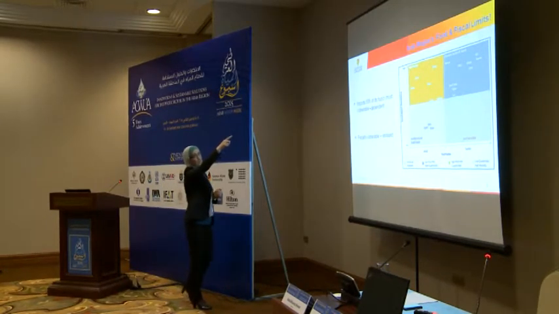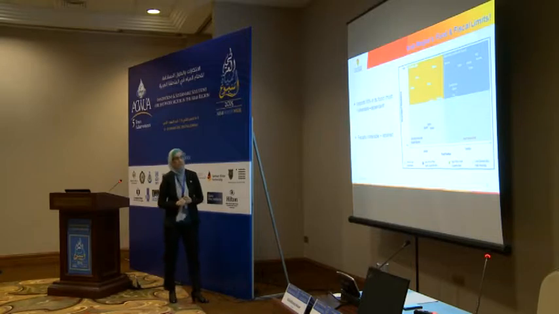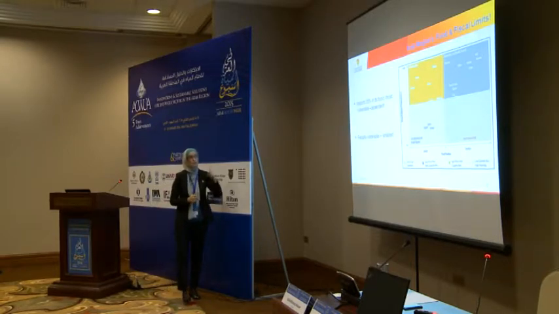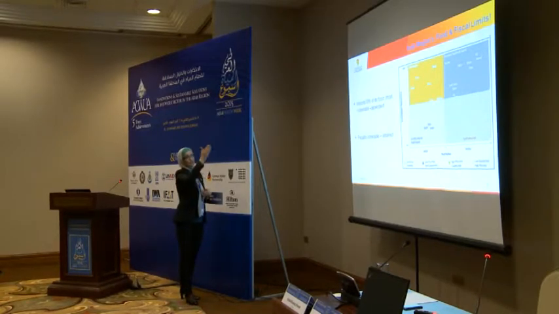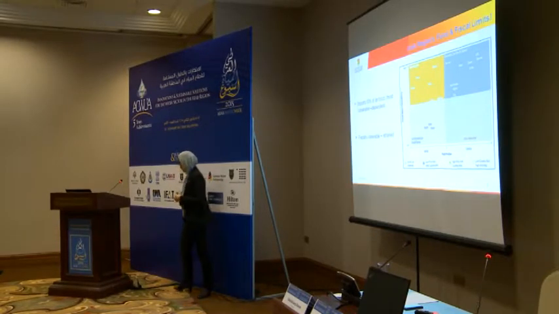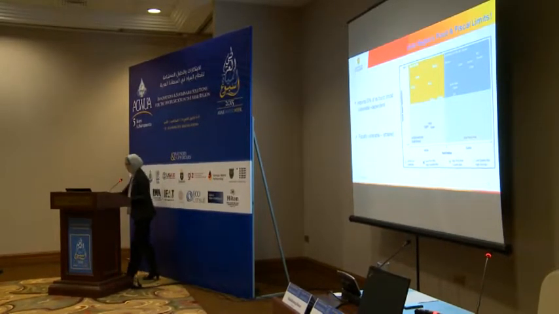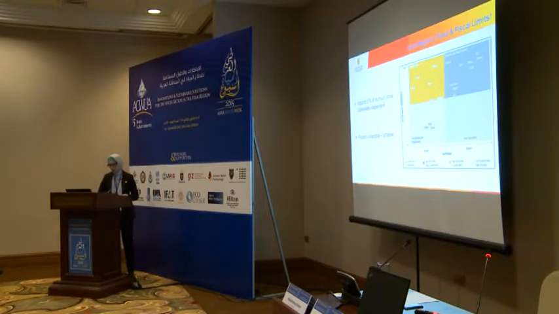For example, Jordan is the most vulnerable in terms of physical and financial resources and food production. As we mentioned before, the Gulf states are dependent, but physically sound. So here is some diversification.